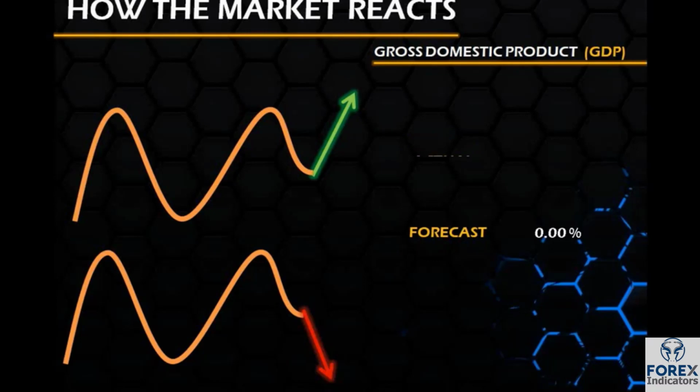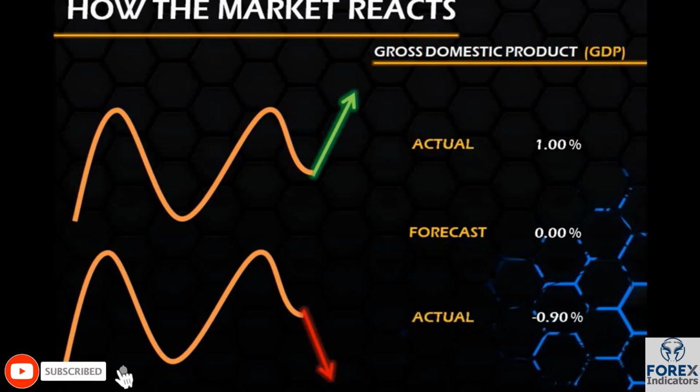So an alternative scenario: what if the actual data came out as negative, less than the forecasted or expected result, which is minus 0.9%. So this will show a more bearish pattern that will prevail, which is expected. The actual data released was way less.